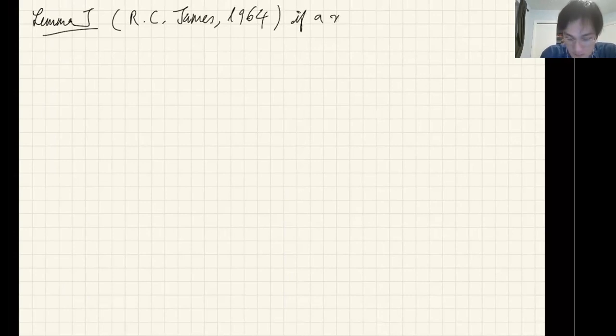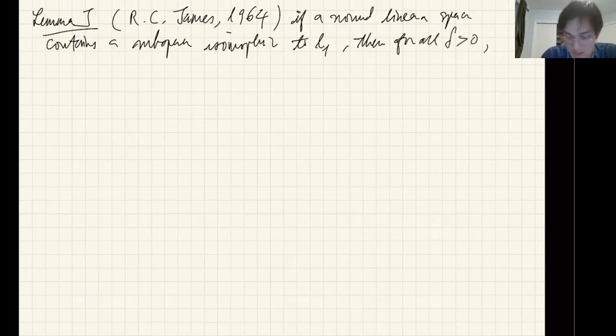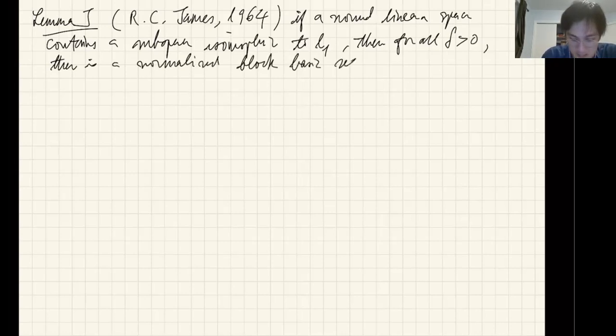Okay, if a normed linear space, a normed vector space, contains a subspace isomorphic to L1, then for all delta greater than 0, there is a normalized block basic sequence uj, j equals 0 to infinity.